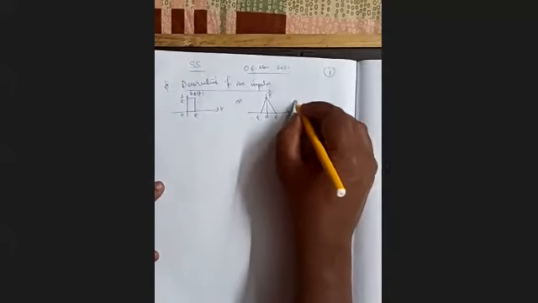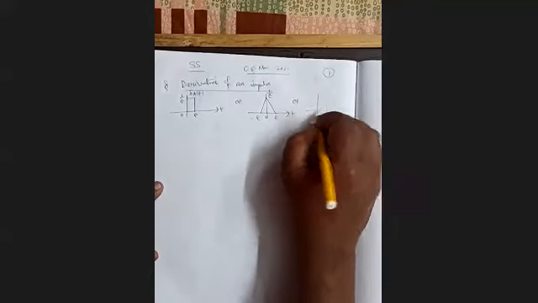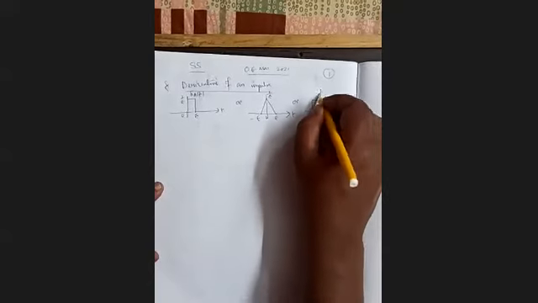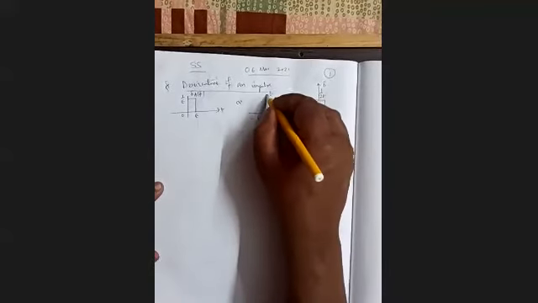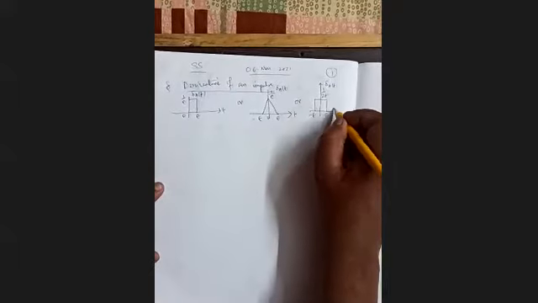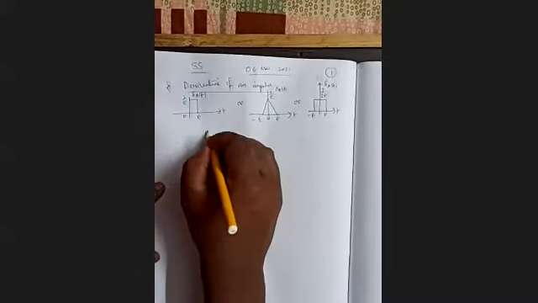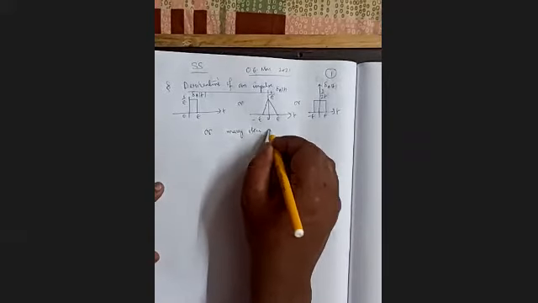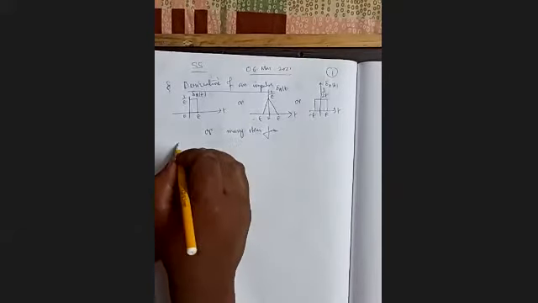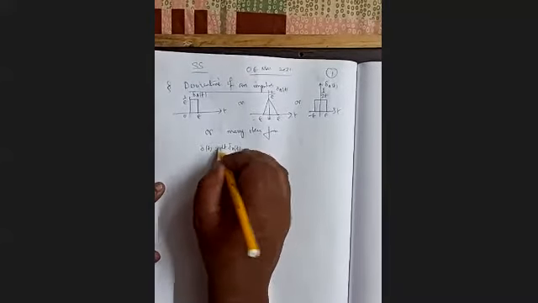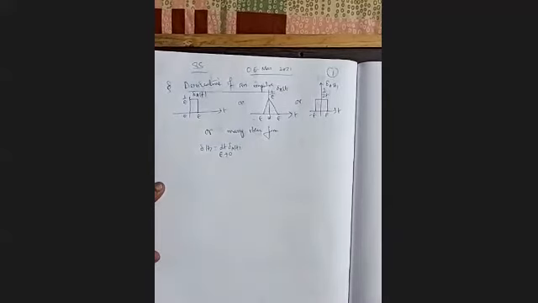Or it can be something like, we can write it this way: from minus epsilon to plus epsilon, height 1 by 2 epsilon. That is also our delta AT, approximate version, or many other forms. So in all the cases, our delta t is the limit of delta AT as epsilon tends to 0.